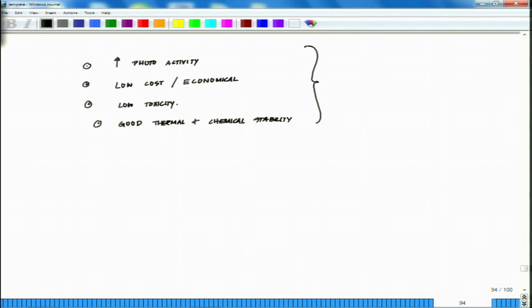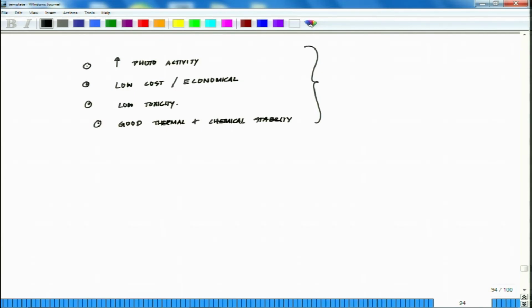These are the four features which made this a very popular material for all sorts of photocatalysis, water splitting and water purification. In the past few decades, there have been several exciting breakthroughs with respect to titanium dioxide.